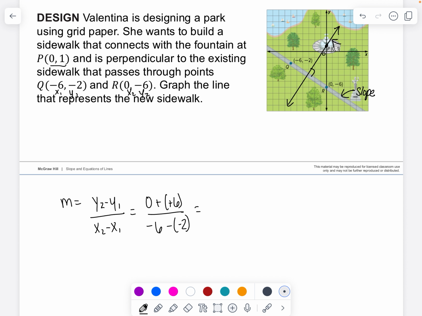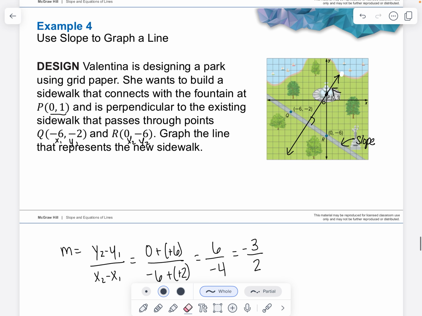Those become positive, those become positive. We get 6 over -4, which we can simplify. They both divide by 2, so we get 3 over 2, and it's a negative. So it's -3 over 2.